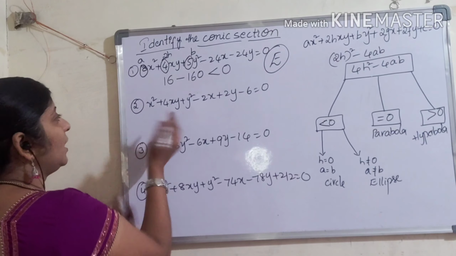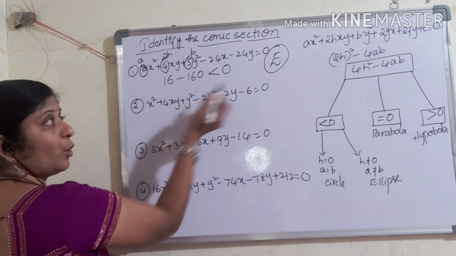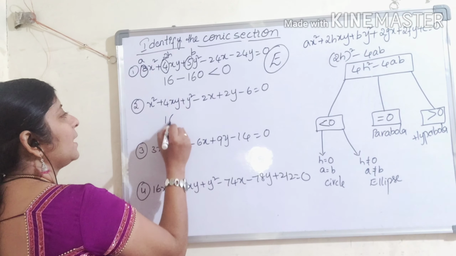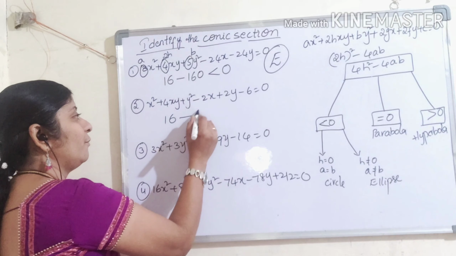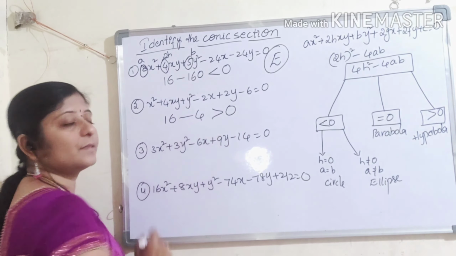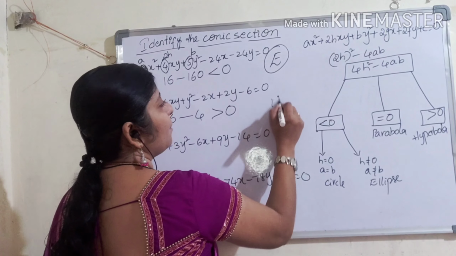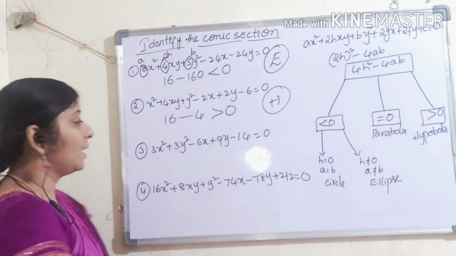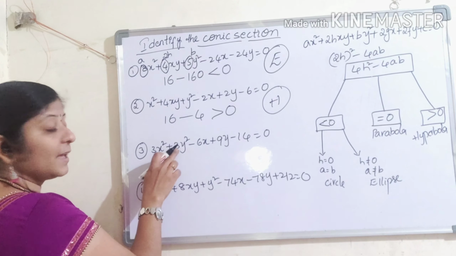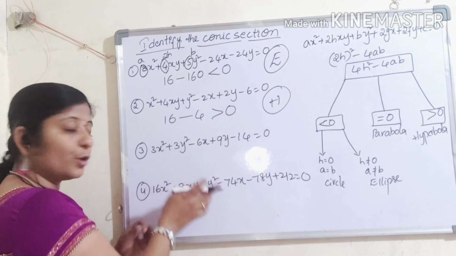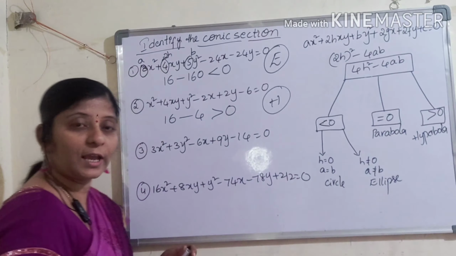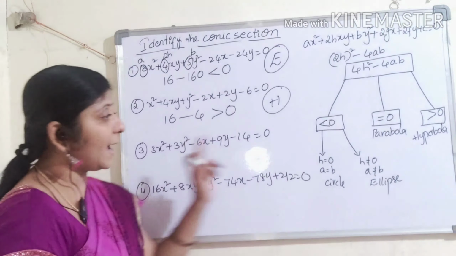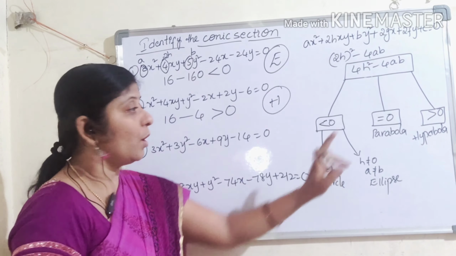Let us see the second one. Here 4h square, 4 square is 16, minus 4ab, which is 4, which is greater than 0. We get hyperbola. And the third one, is there an xy coefficient? No. Here there is no need to find 4h square minus 4ab, because clearly h is equal to 0.